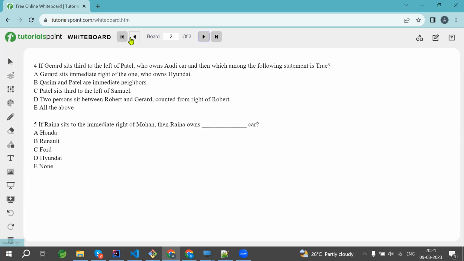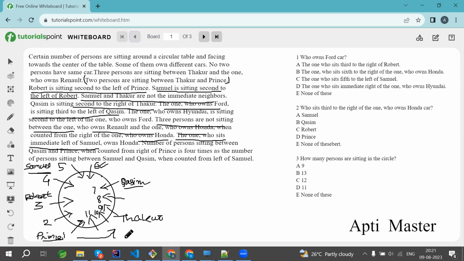So the statement means these three persons are sitting between Thakur and the one who owns the Renault. This means what? That it is either Samuel or the one who sits at the second position. Okay. He owns the Renault.